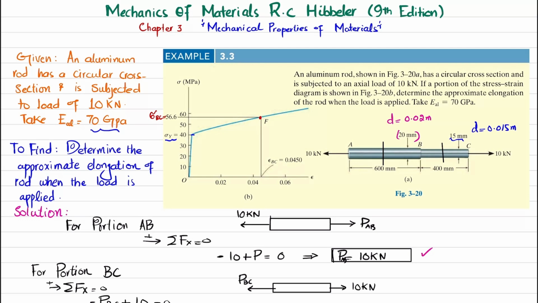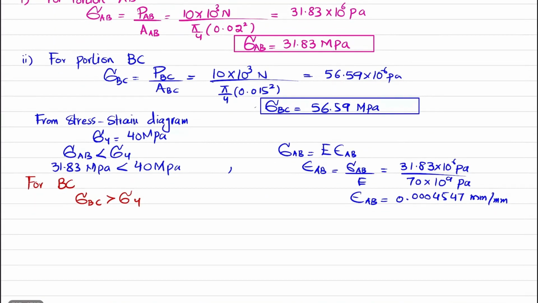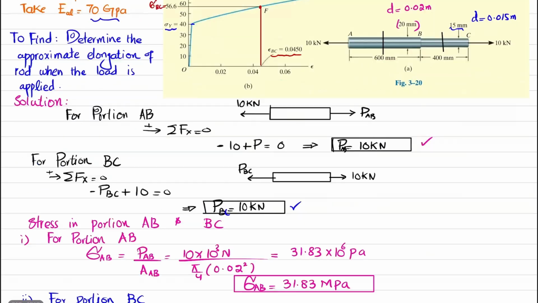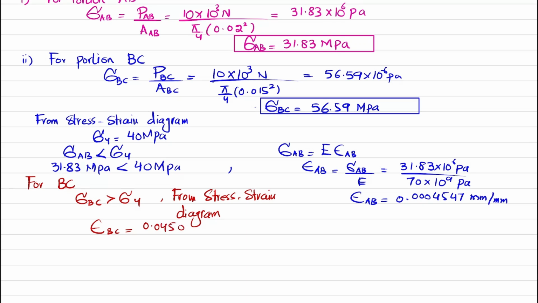So what we will do is take the value of strain for this sigma BC from the stress strain diagram. This strain BC comes out to be 0.0450 millimeter per millimeter.